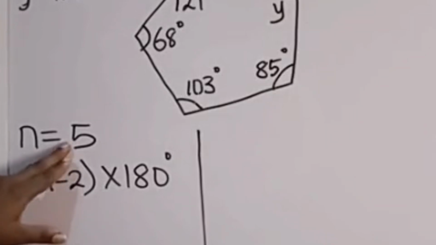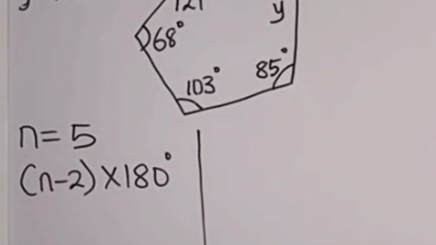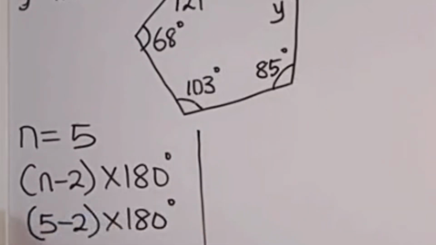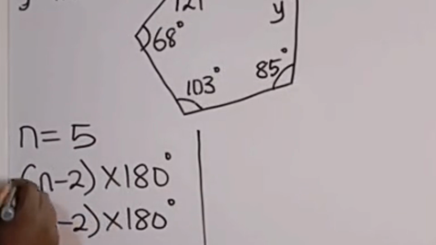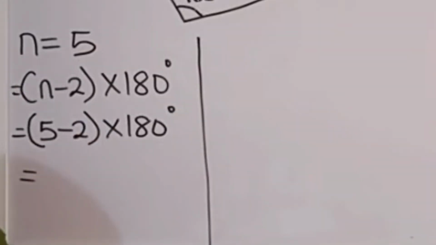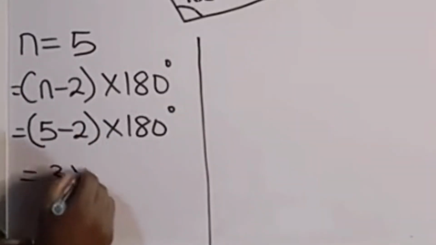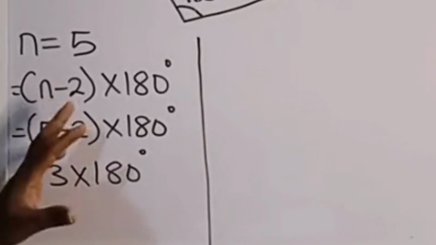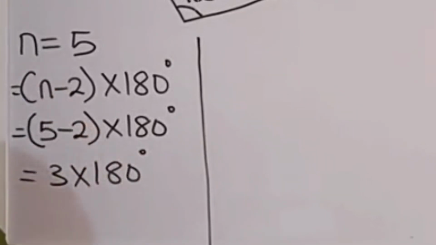The number of sides here is 5, so we're going to put in 5. This is 5 minus 2 times 180 degrees. 5 minus 2 is going to give us 3. So we have 3 multiplied by 180 degrees, and the sum of angles in a pentagon is 540 degrees.